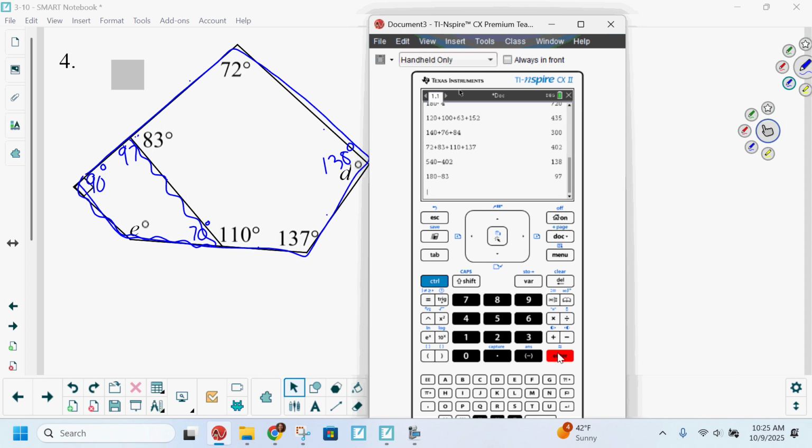So if I look at the quadrilateral with 4 sides, I'm just going to add up the 90 plus the 97 plus the 70, and I'll take that away from, you probably remember this one, 360. And I get 103 degrees. And I did it.